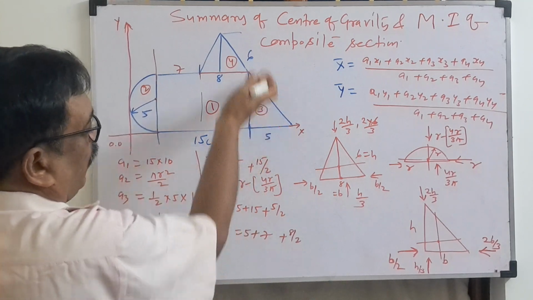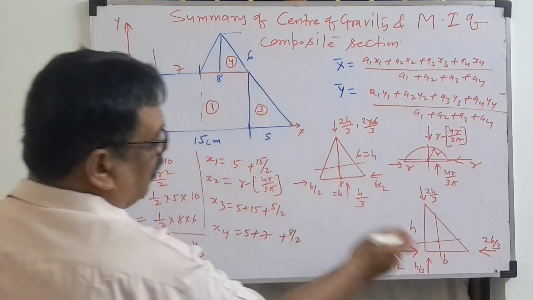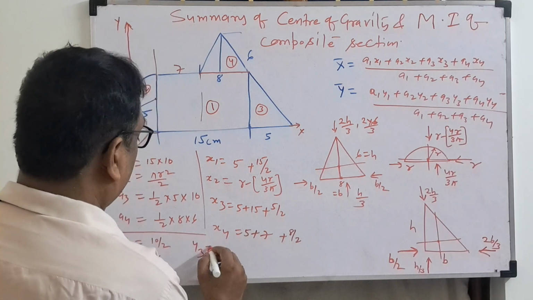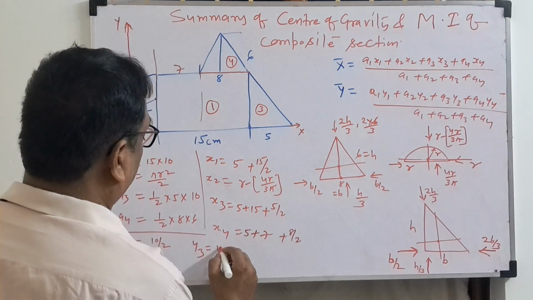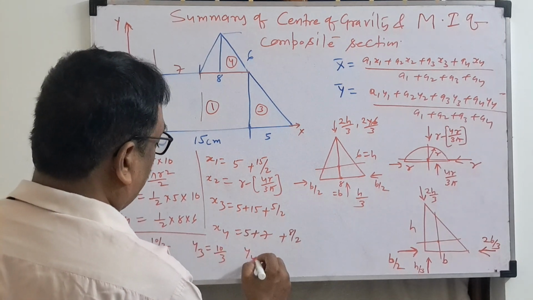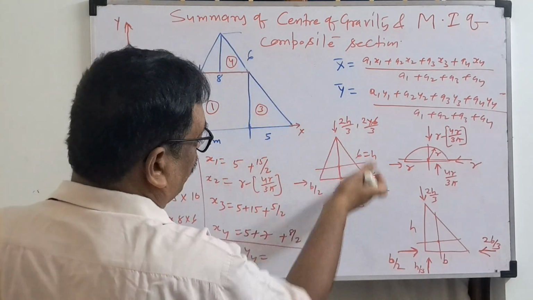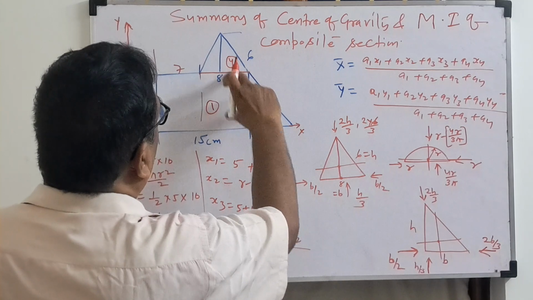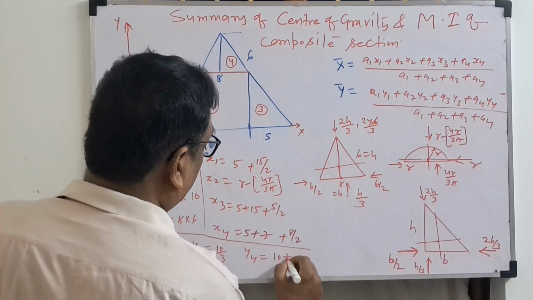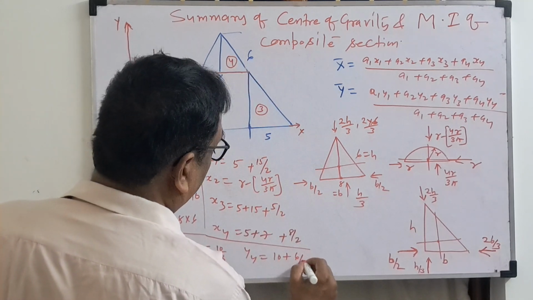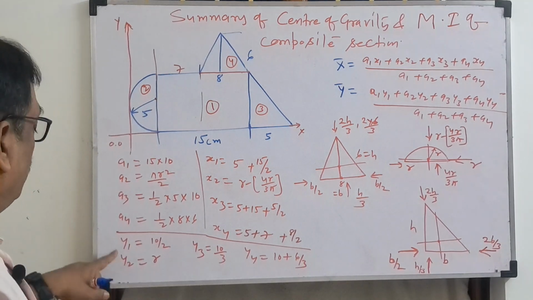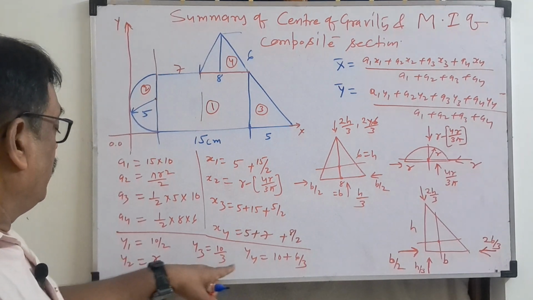This height, what is this height? h by 3. So that means 10 by 3. Then y4, from base. What is base? h by 3. So 10 plus h by 3, 6 by 3. So this way we can calculate y1, y2, y3 and x1, x2.